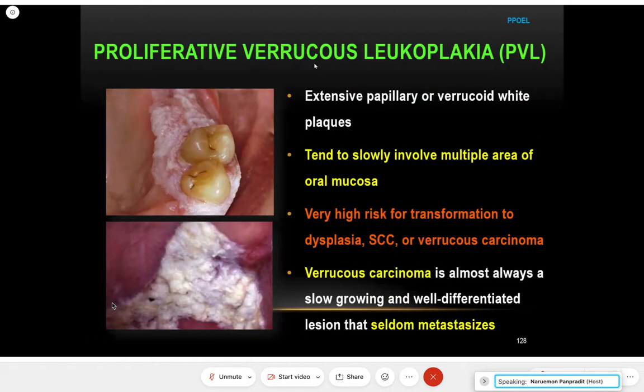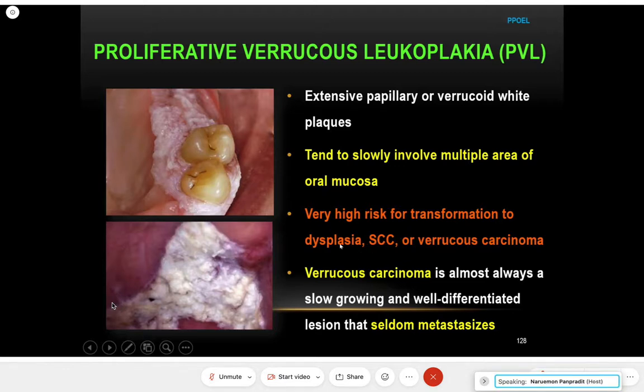And how about proliferative verrucous leukoplakia? It is an extensive papillary or verrucous white plaque covering a wide area, with a flaky surface, a huge area, sometimes involving multiple areas of the oral mucosa.